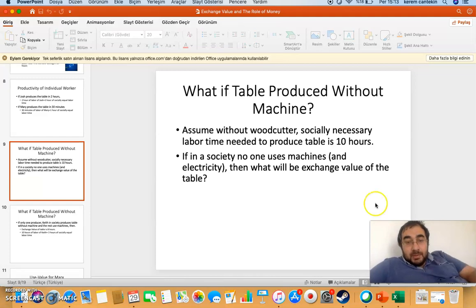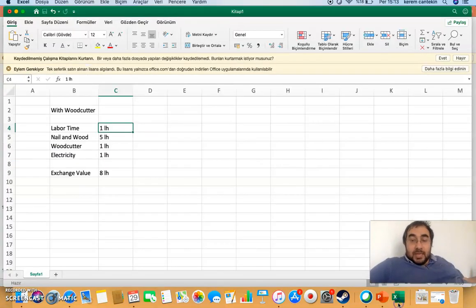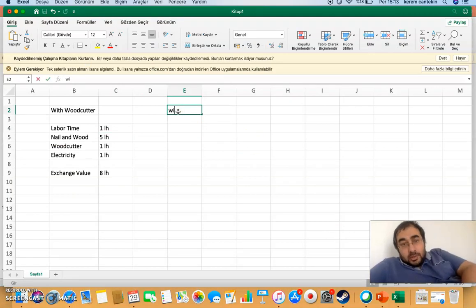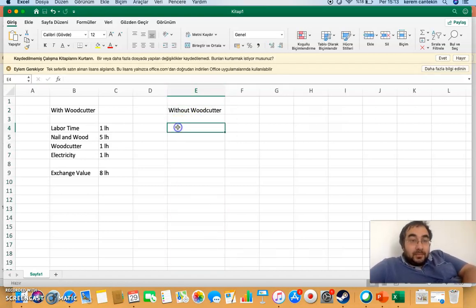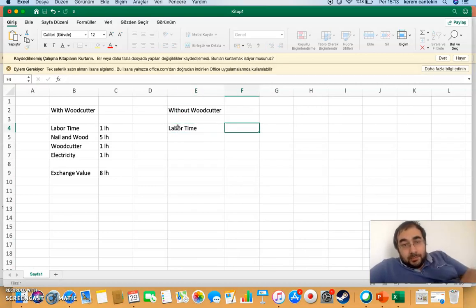First, we might assume we have a society where there is no machine at all. So, let's assume, for example, we have a society without woodcutters. In that case, labor time is expected to be higher.